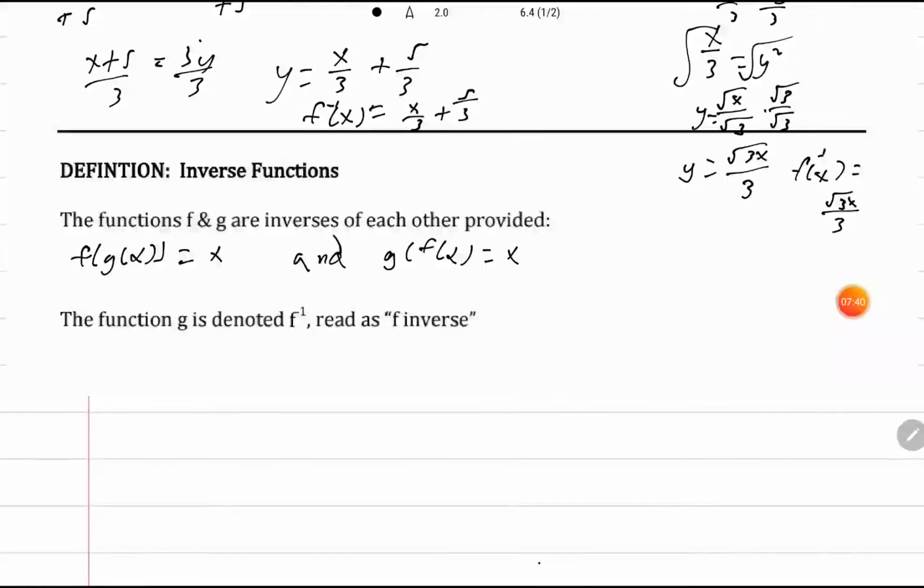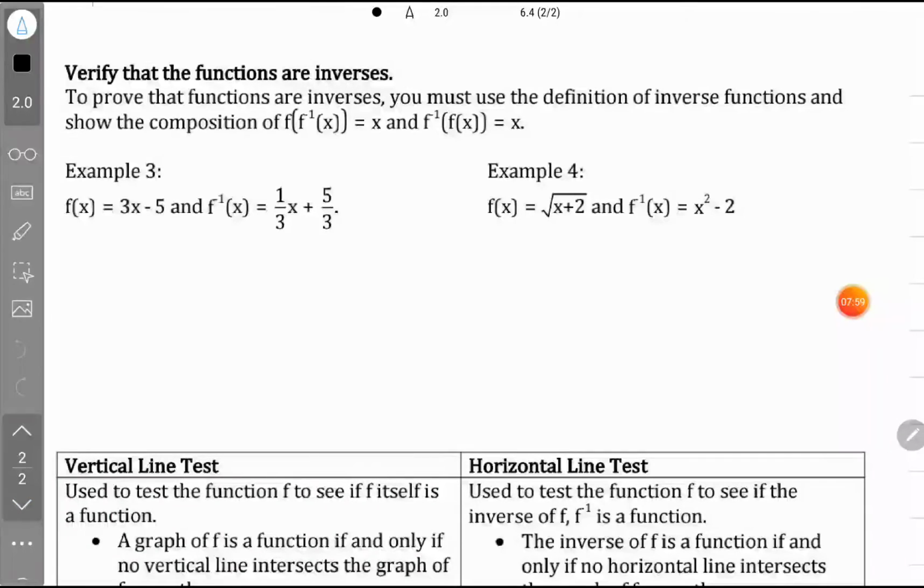The function g is denoted as f inverse. So when I say f inverse of x, that's f inverse of x. Okay. Next page.